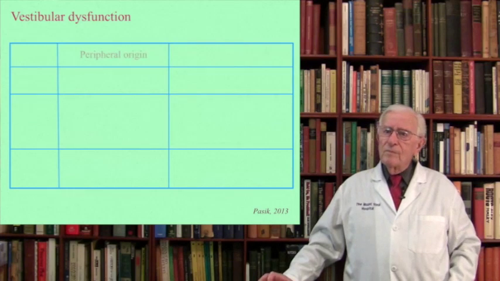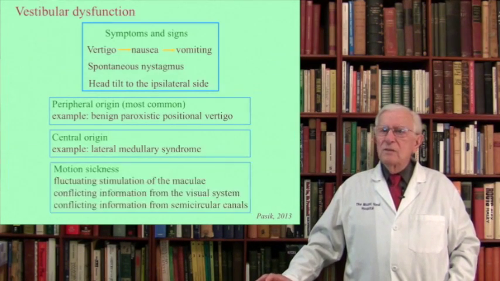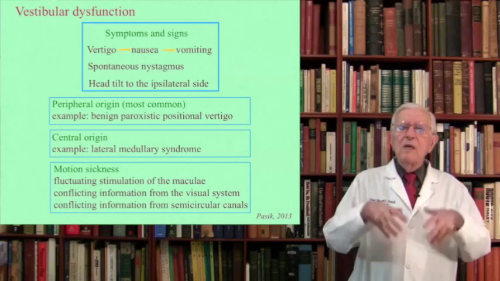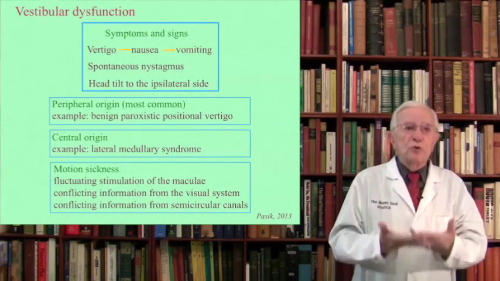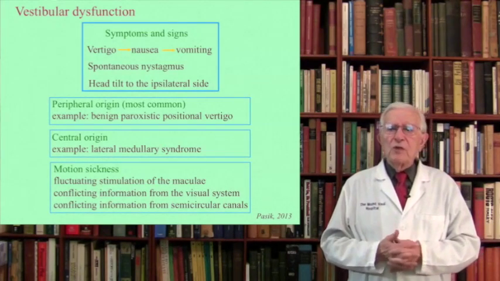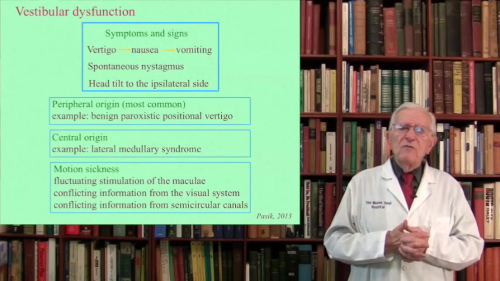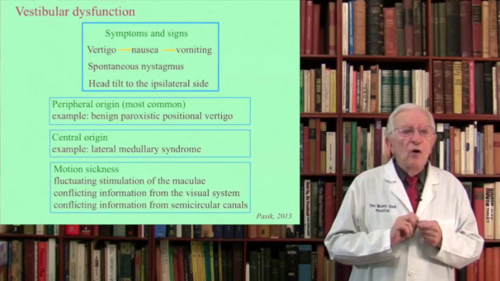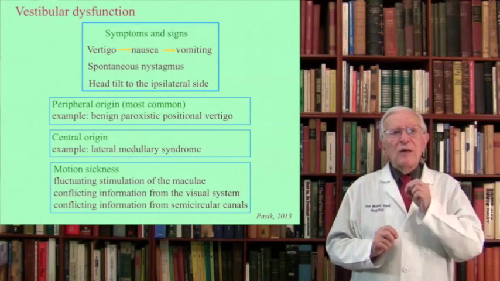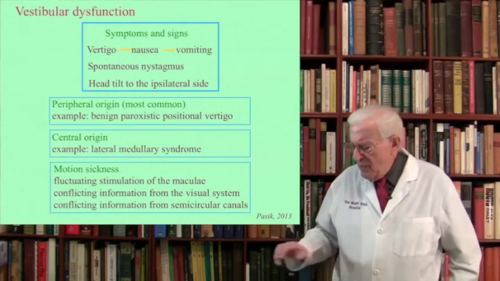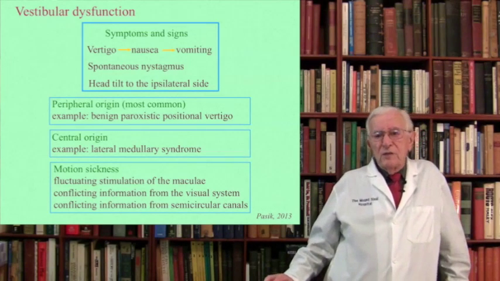And therefore, this conflicting information from the visual system and the vestibular system results in this autonomic phenomenon of motion sickness with nausea, vomiting, and so forth and so on. There is also conflicting information even within the vestibular system between what the otolith organ is sensing and what the semicircular canals are sensing. They are sensing different things, and sometimes it becomes conflictual, resulting in motion sickness.